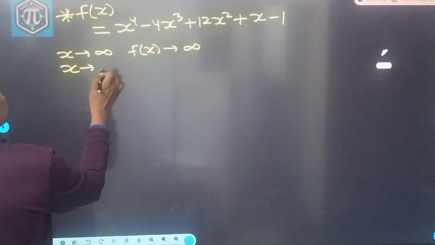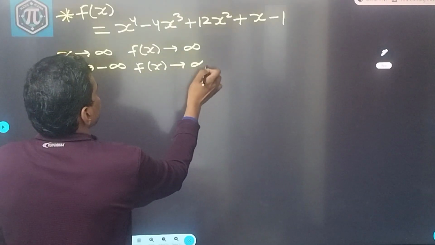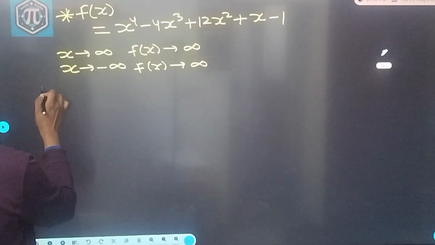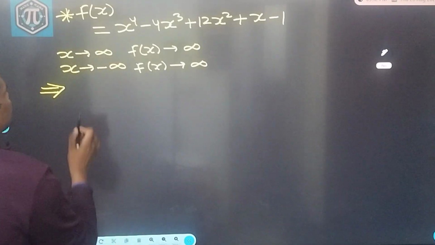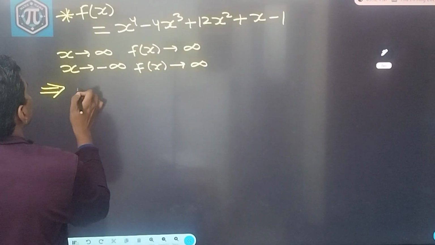If x is approaching minus infinity, f of x is again approaching plus infinity. Why? Because minus infinity whole power 4 will become plus infinity. See after this. If x is at minus infinity, function is at infinity.